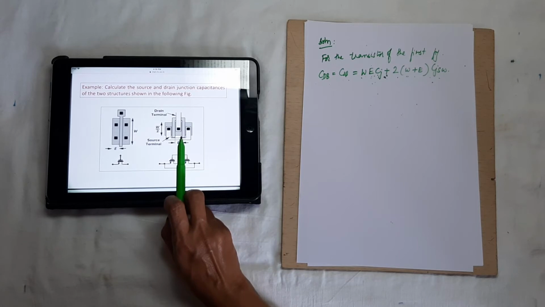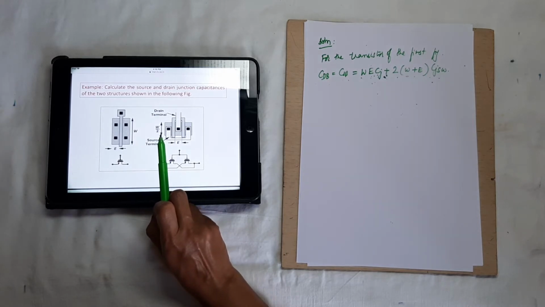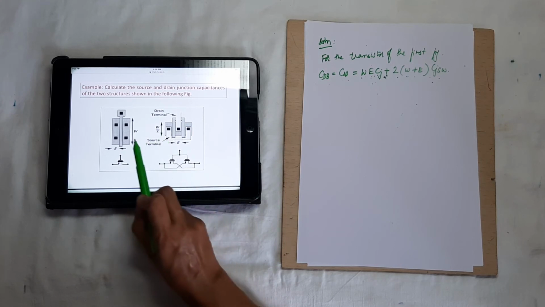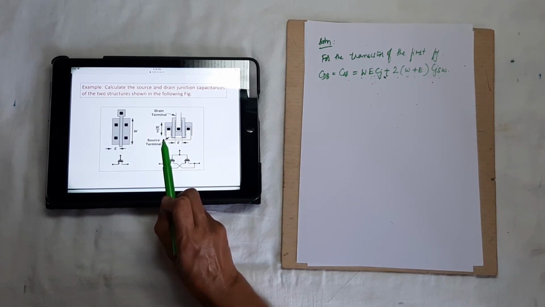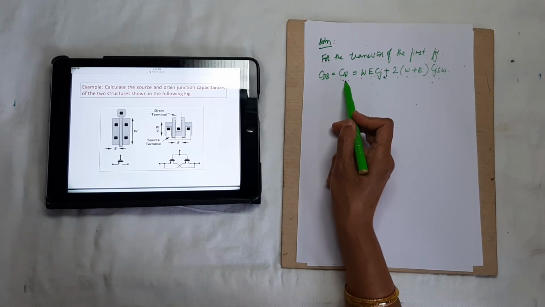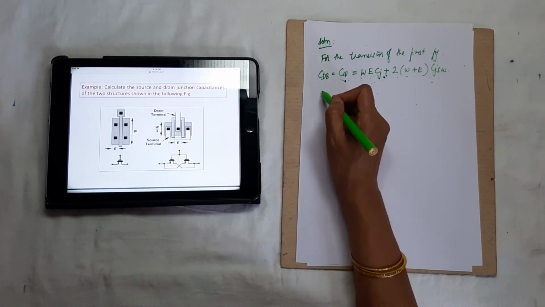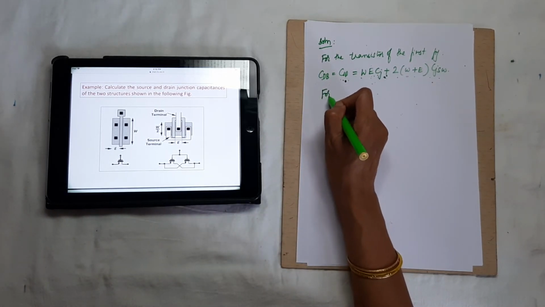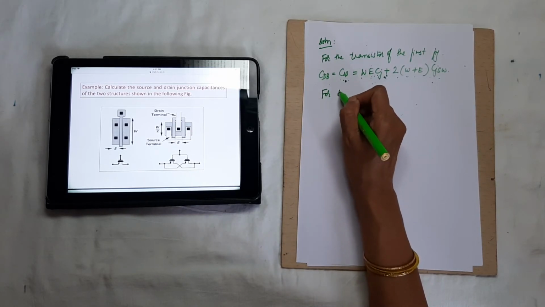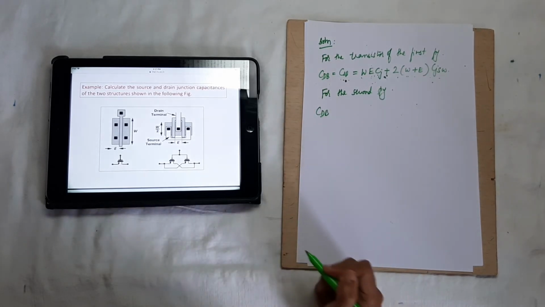Now how is the second diagram different from the first diagram? See here, since the width of the entire transistor is divided, here it is W and here it is W by 2. Now if we substitute W by 2 in place of W in this equation, we get the capacitances with respect to the second diagram. For the second figure, CdB, that is drain to bulk.